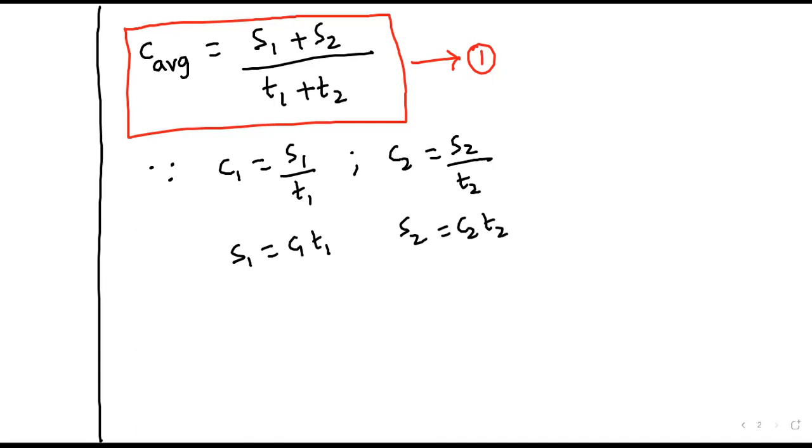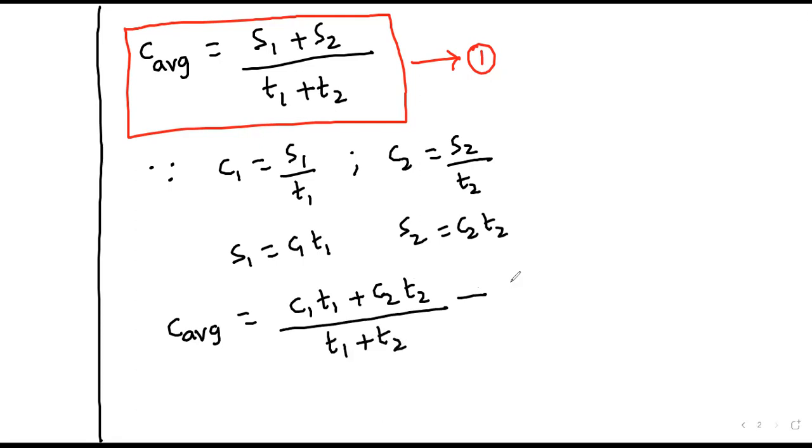So in this formula, instead of S1, I can substitute this one. So C average equal to C1 T1 plus C2 T2 upon T1 plus T2. That is the second form. Now I will replace T1 and T2.